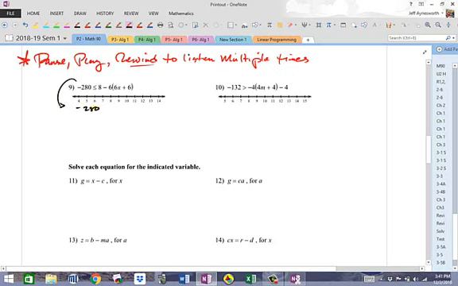Negative 280 is less than or equal to 8 minus 6 times the quantity 6x plus 6. Notice I said times right here. So what you want to do is distribute the minus 6. I said the minus 6 because if you add the opposite, it's a negative 6.